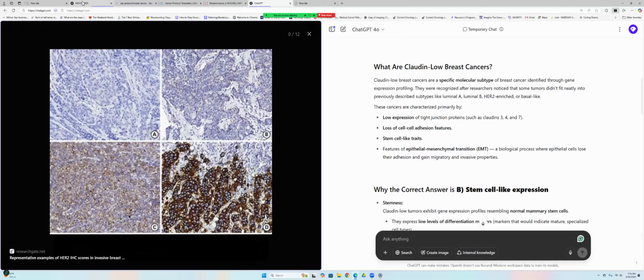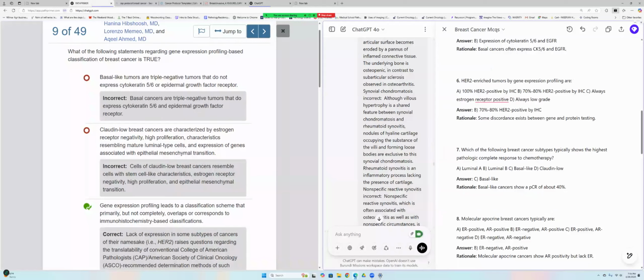So there's this HER2 enriched tumors gene expression. What's the criteria for calling something HER2 enriched? Is the tumor positive by IHC?